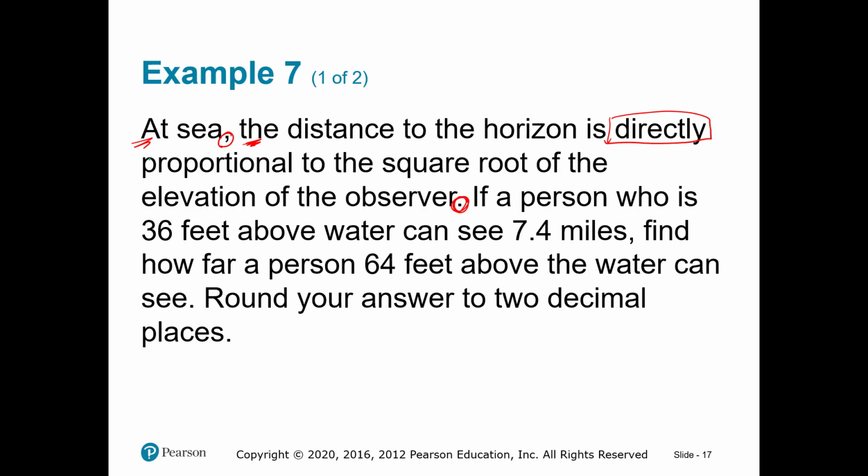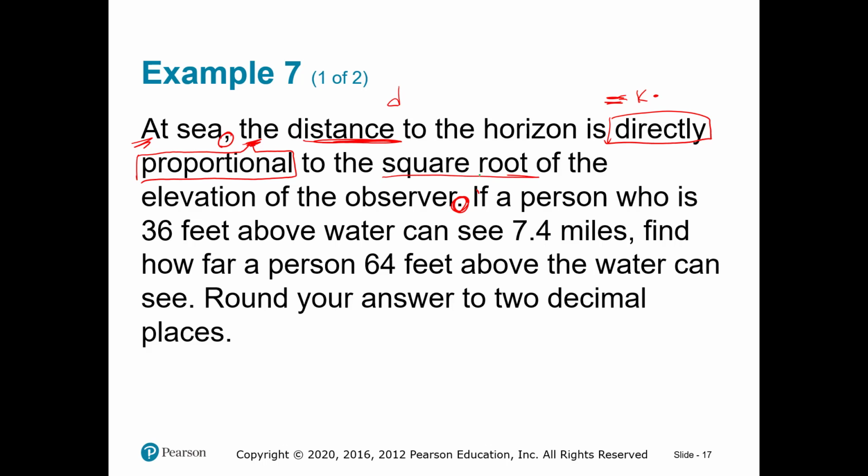I'm saying directly proportional. And we know that that means equals k times. What was before the equal? Yeah, distance. So we have d equals k times. All right, let's look. To the square root of the elevation.